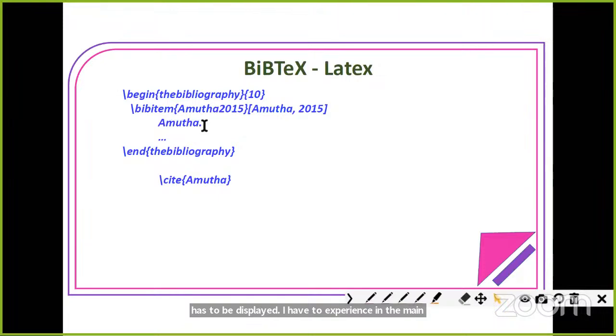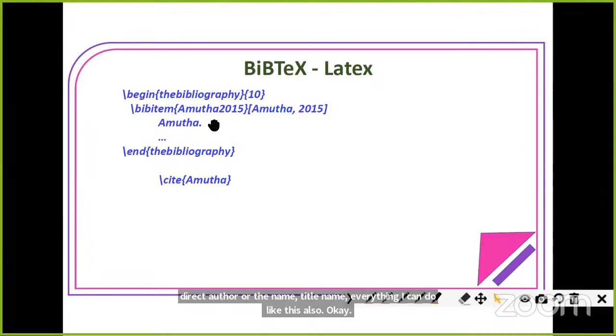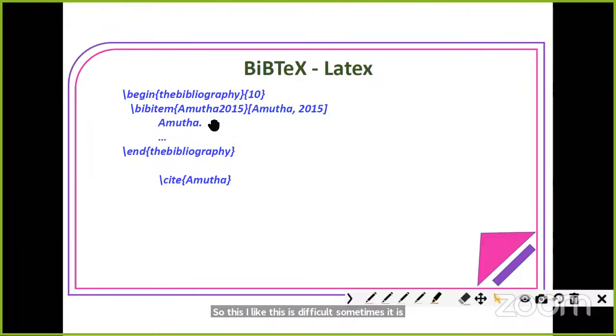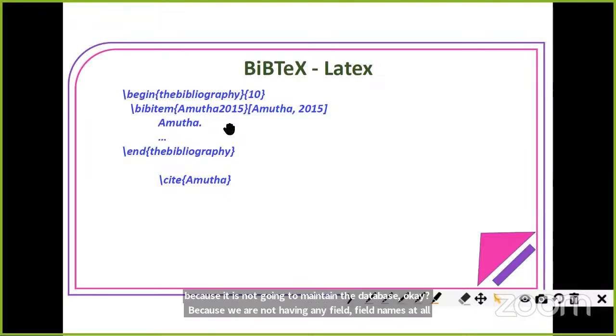Sometimes this is difficult, because each and every time I need to refer to it, it is not going to maintain a database. We do not have any field names here. It is entirely text only, so we don't have the database.